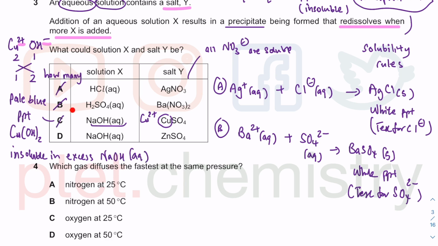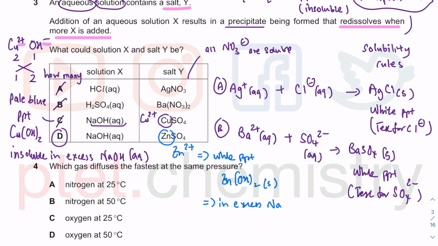So again, out of elimination, we're just left with D, and we can see that D is actually the test for zinc 2+ ions. So we do know that we get a white precipitate, which is basically your zinc hydroxide. And the zinc hydroxide white precipitate in excess sodium hydroxide, just like aluminium hydroxide, is going to redissolve in excess sodium hydroxide giving you this stuff.